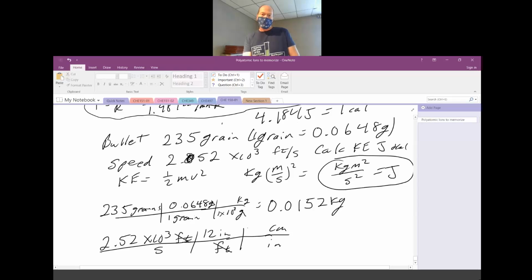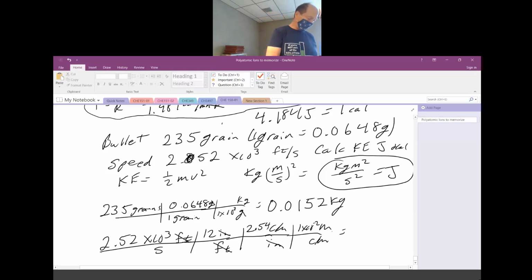Well, we know that there are 2.54 centimeters in 1 inch. Inches cancel. All right, but we don't want centimeters, we want meters, and we know C is 1 times 10 to the minus 2. So now we will have our units in meters per second rather than feet per second.